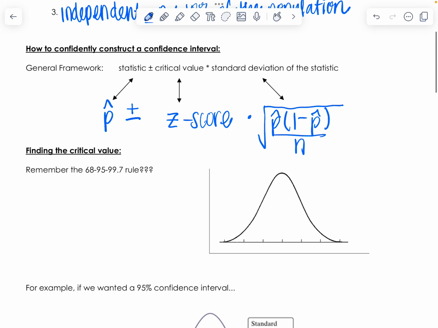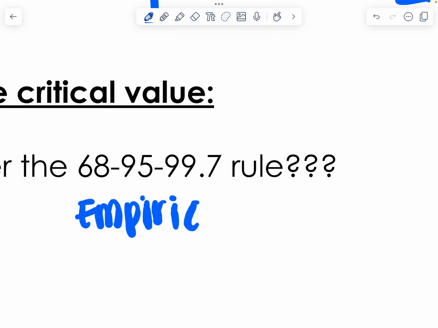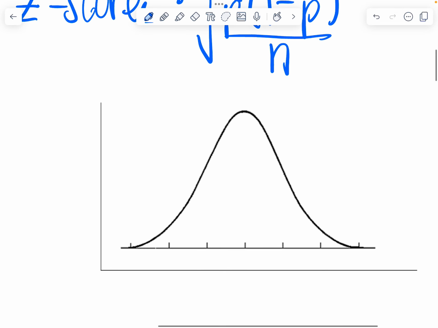So let's talk about the critical value. Do you remember way back in Unit 1, we studied the 68, 95, 99.7 rule, which we called the empirical rule? Hopefully you're saying, yes, I do. And remember that in that rule, we know that the mean mu is in the center.